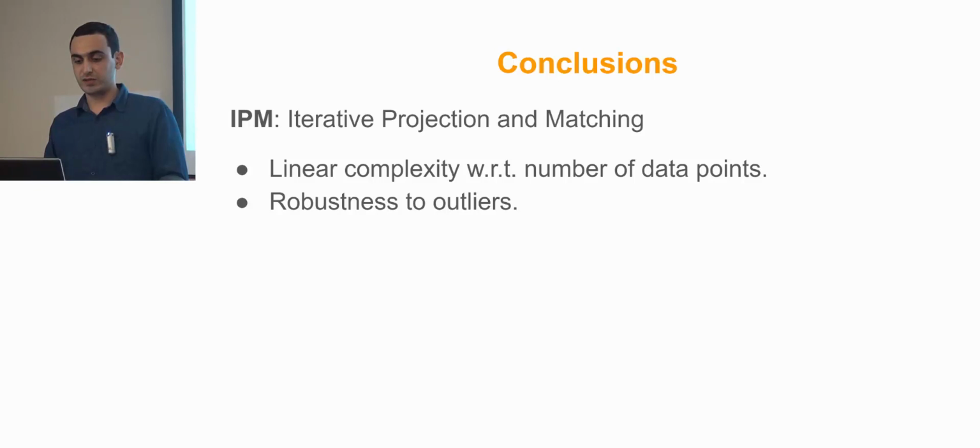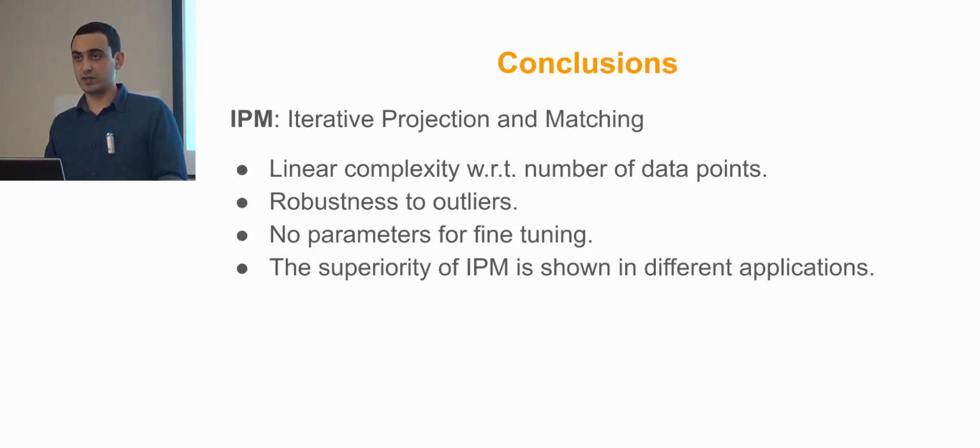We have also shown theoretically that it is robust to outliers and noisy samples. It has no parameters for fine-tuning, so you can use it for any data set and any application without much tweaking and much effort. We have also shown the effectiveness of our selection algorithm in many different computer vision applications.